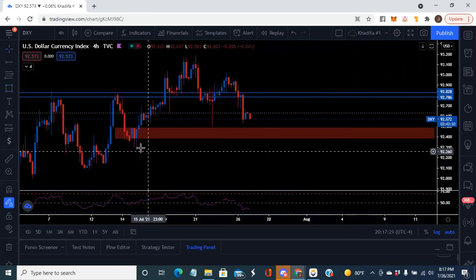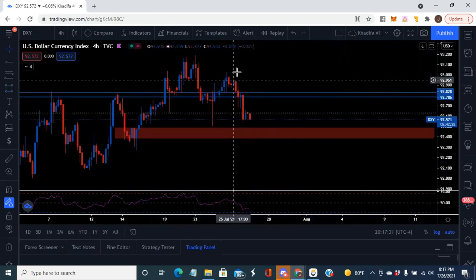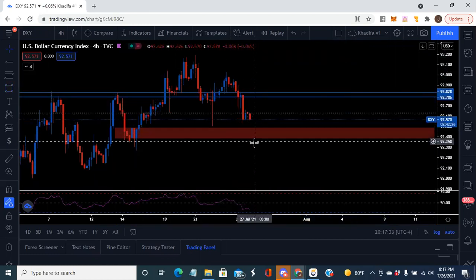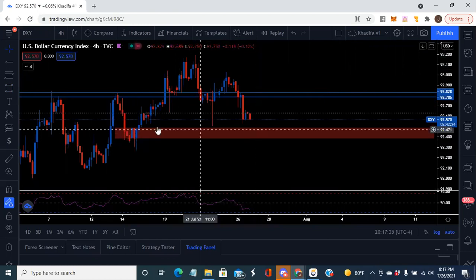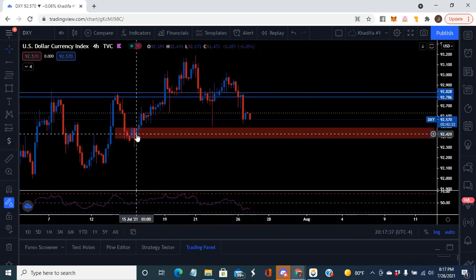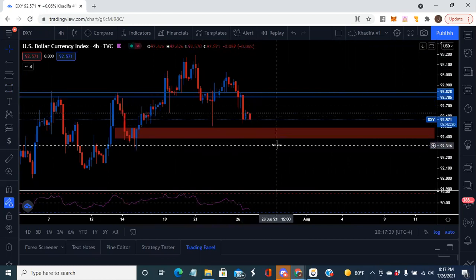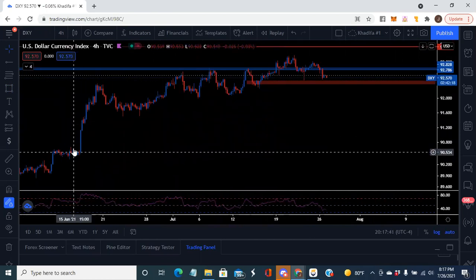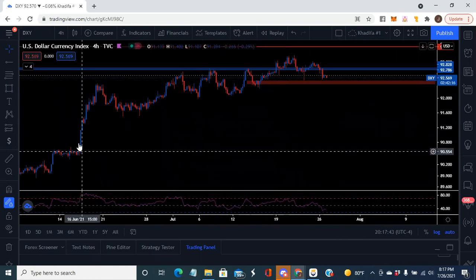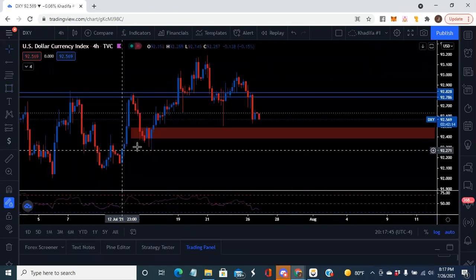And if we can get price to break below those two structures and retest and hold that structure and can't break back above it, then it's a good indication that we'll see this imbalance get filled in for this week.